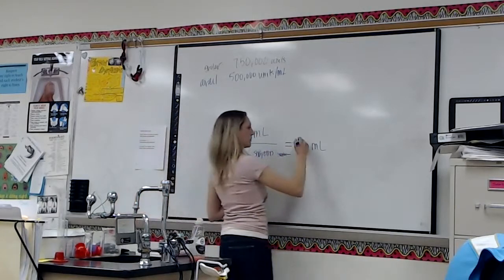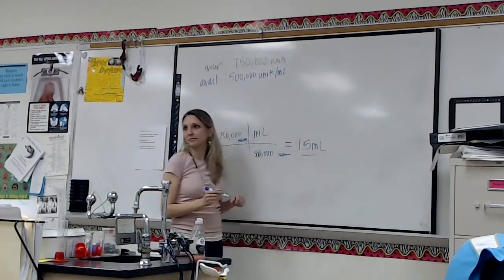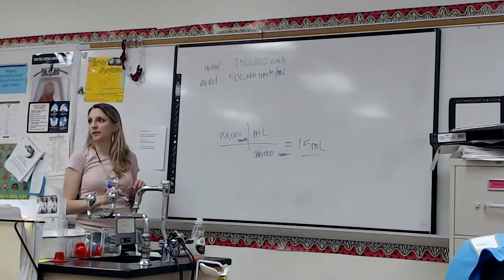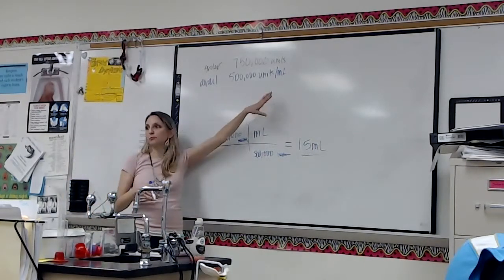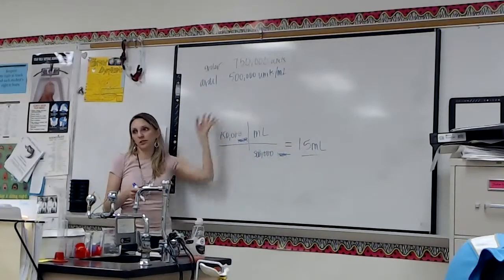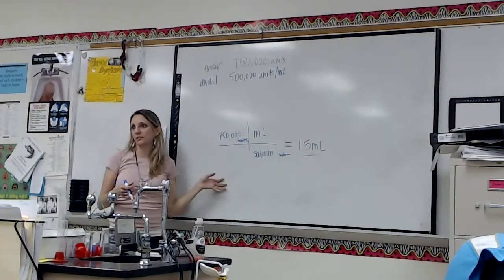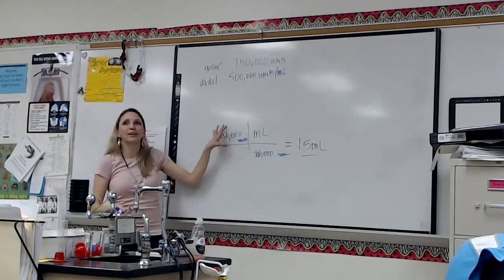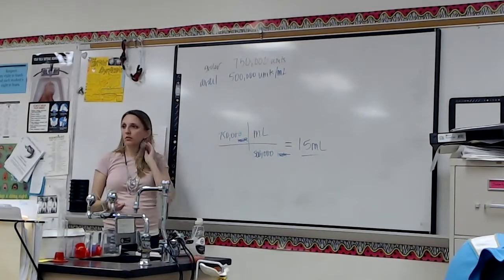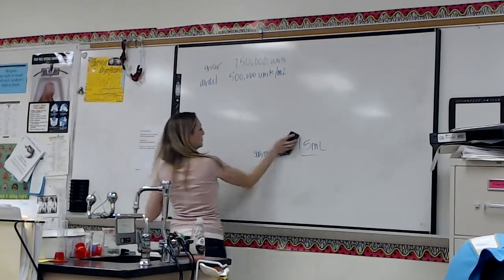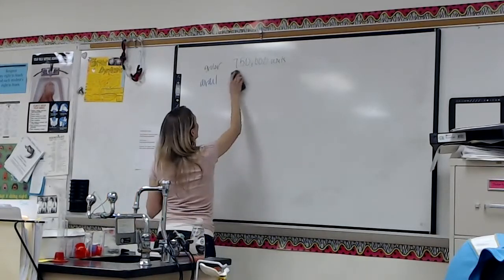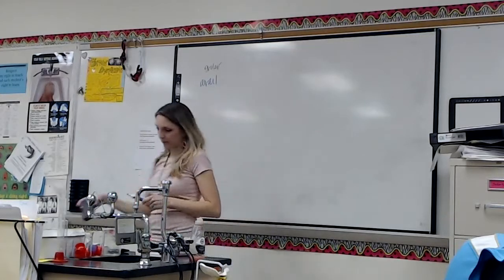That makes sense? Just like what we've been doing, except instead of milligrams per milliliter, you're doing units per milliliter. It's the exact same way you work it out, just a lot bigger numbers. Does that make sense? You want to work out one more? Yes, let's work out that one.